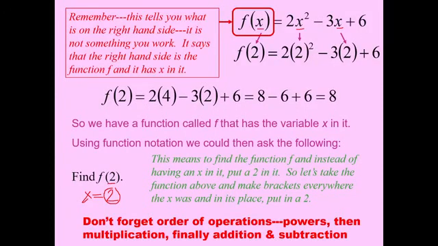So you have here 2 squared, that becomes 4. Then you multiply 2 and 4 to get 8, multiply 3 and 2 to get 6, then you write 6. 8 minus 6 plus 6, you will get 8 there. Therefore, the function f of 2 is equal to 8 for this function.